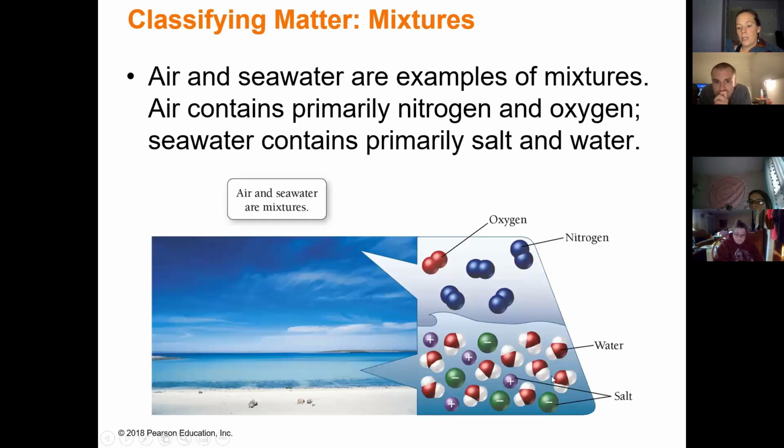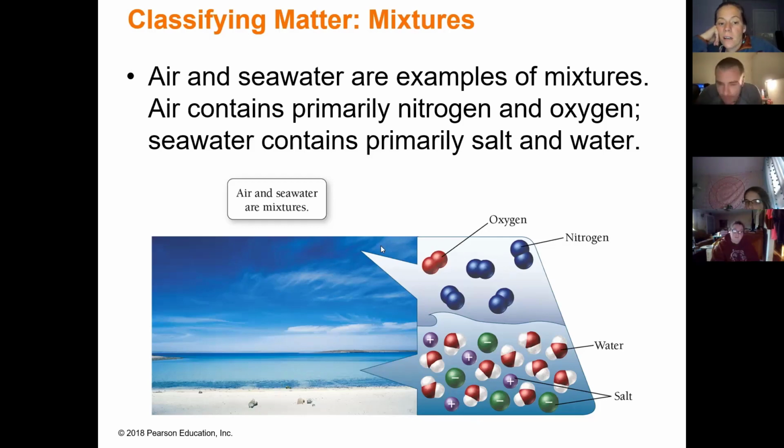So some examples of mixtures, we talked about salt water being a mixture. That's water with NaCl dissolved in it. The salinity of the water can change. We tend to have warmer, saltier water along the equator, right? More salt can be dissolved in there.